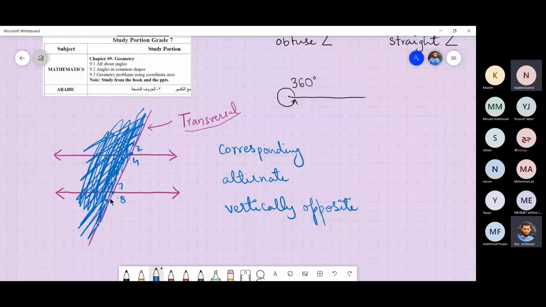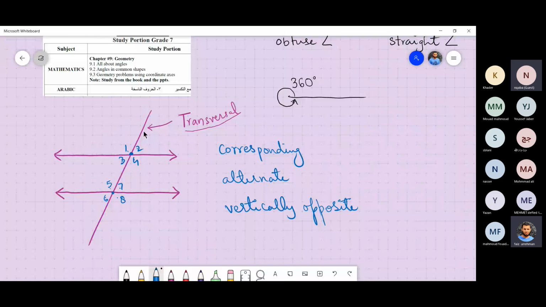So which angle is coming above the line here? You have to say 2. And what comes above here? 7. So 2 and 7 will be equal by the property of corresponding. This is how we recognize them. And 4 and 8 will also be corresponding.